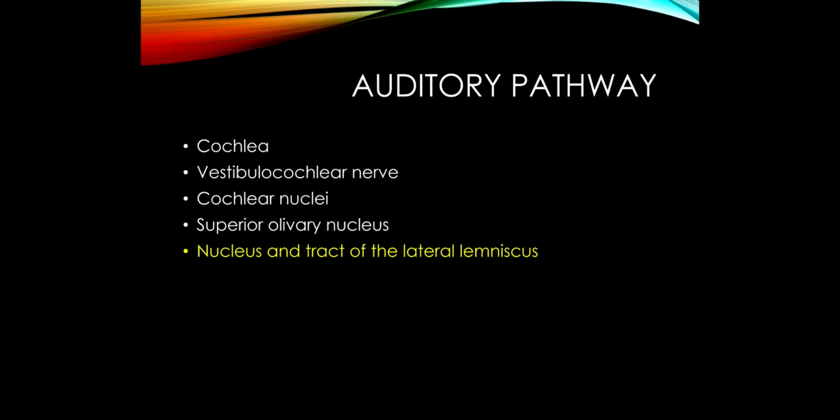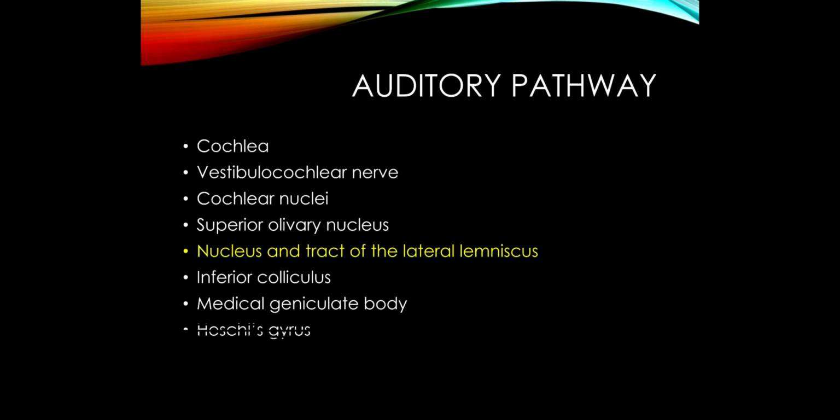Don't confuse this with the medial lemniscus. Remember, that's vibration and proprioception. Lateral lemniscus is an auditory pathway. Then we have the inferior colliculus, which we've already talked about as important for sound. The medial geniculate body or nucleus is the thalamic nucleus involved in sound. And then we have Heschl's gyrus.